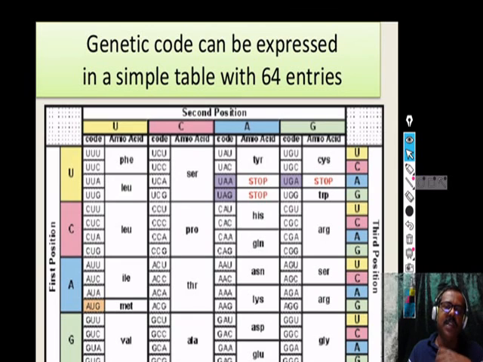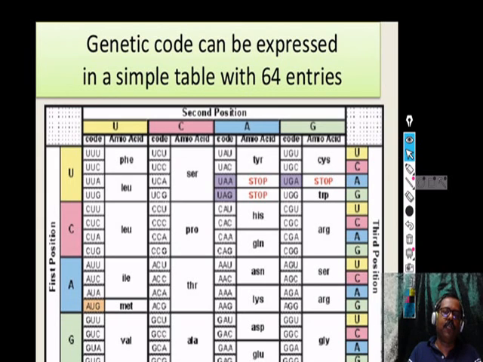From this table you can see that in rows and in columns, A and G are the codons, and in the row also you see A and G. So for each square you can get 4 codons, and there are in total 16 squares, and if there are 4 codons in each, then we will get 64 codons.